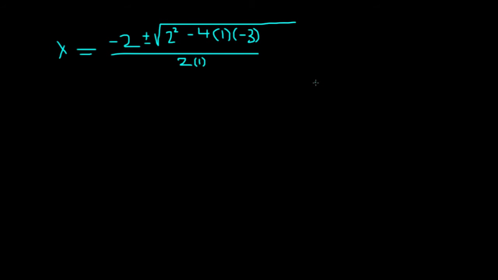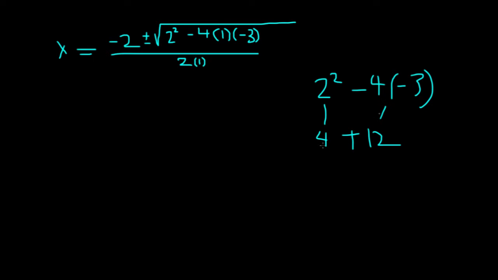So 2 squared minus 4 times 1, which we can just get rid of the times 1 because it doesn't really matter in this situation, times -3. So that'll turn into 4, and then since it's both negatives, it'll turn into 12.